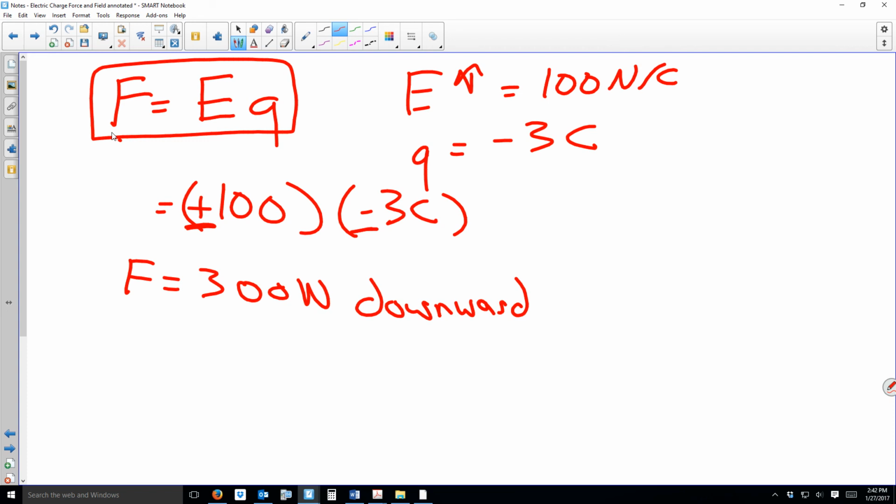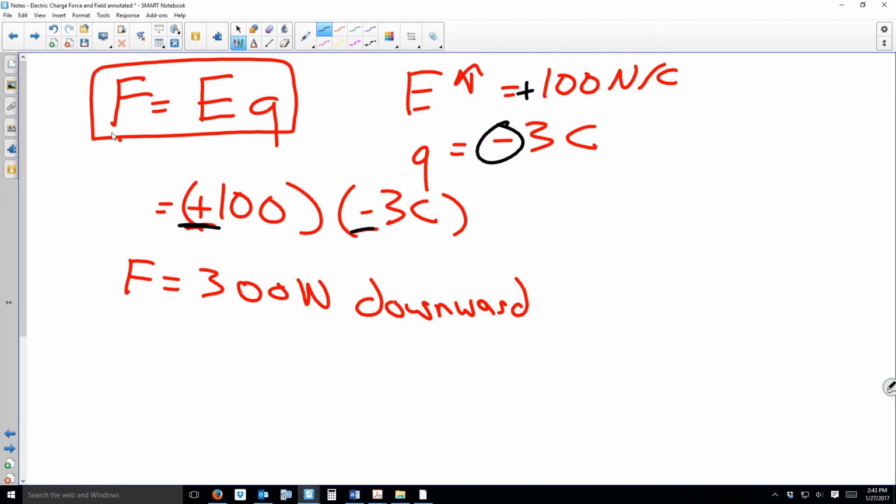My charge is negative, so I leave that negative in there. That will correspond to whatever direction the force is. They're all vectors, so they all get multiplied out. So if my positive is upwards and I've got a negative charge, when I get an answer of negative 300, that just means 300 in the negative direction. If up was positive, then down has to be negative.